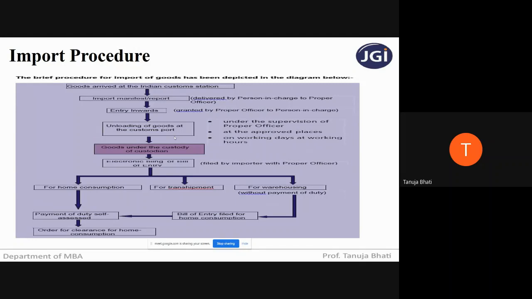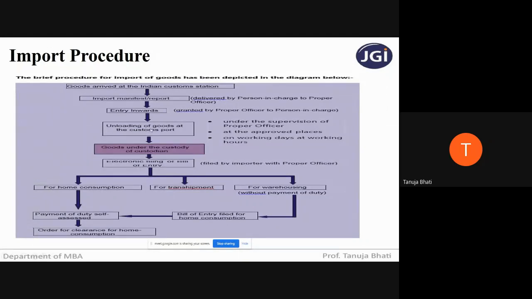So remember students, after entry inward is granted by the proper officer, the person in charge can unload the goods at the custom port, but only at working hours, on a working day, and under the supervision of the proper officer.